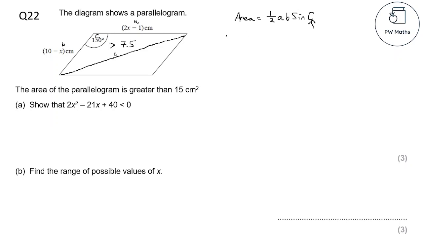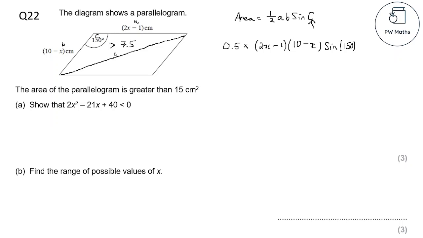So the area is a half. I find half really fiddly, so I'm going to call it 0.5. Times a, well, a was 2x minus 1. Times b, well, b is 10 minus x. Times the sine of C, sine of 150.